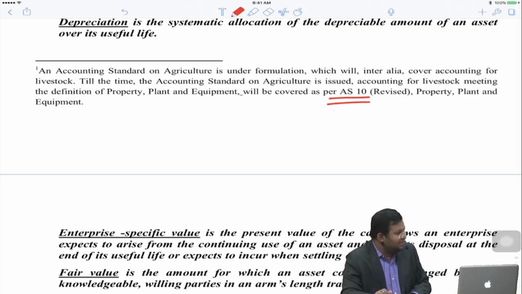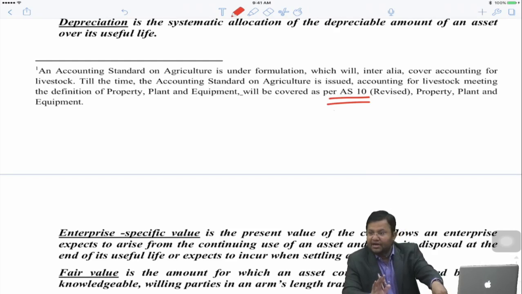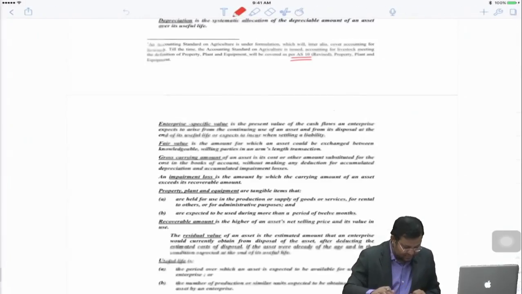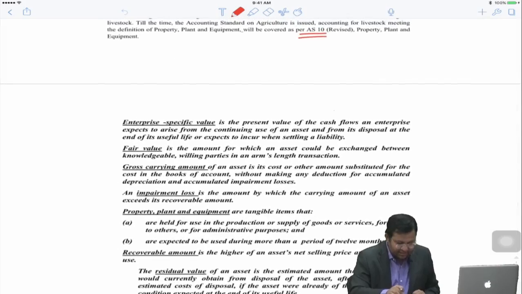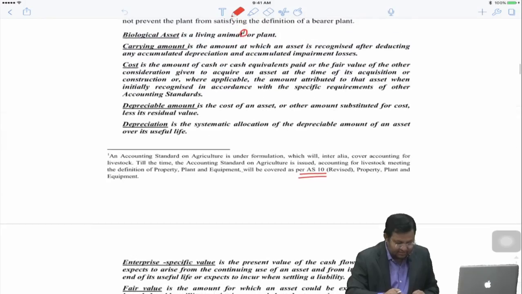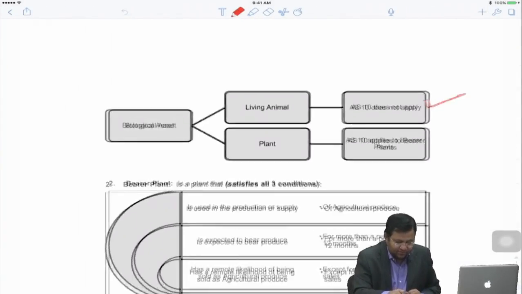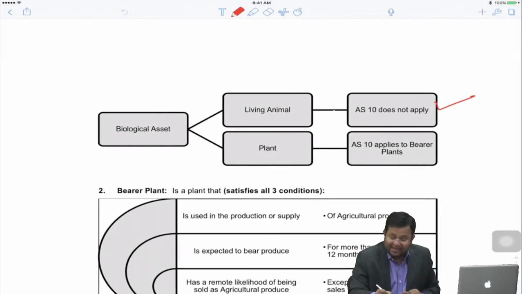Livestock या animals, animal livestock same. ये temporarily ये standard के अंदर covered है. परमानेंटली ये स्टैंडर्ड में ये लोग नहीं रहने वाले हैं. सो बायोलॉजिकल असेट which is in the form of living animal, AS10 applies.